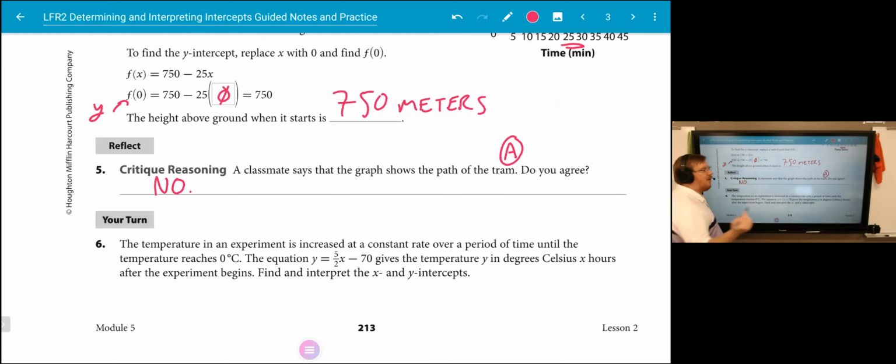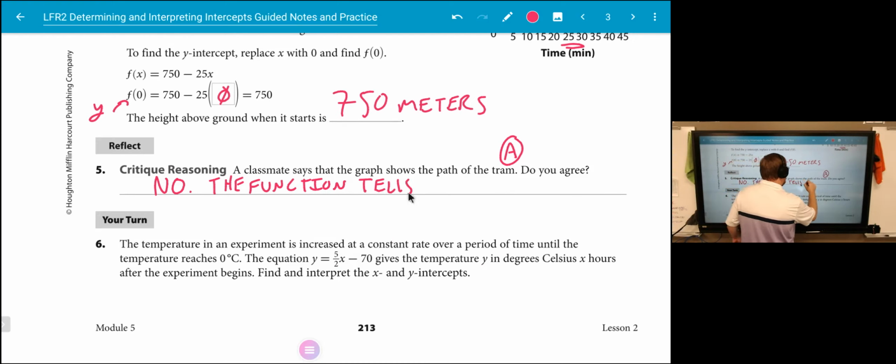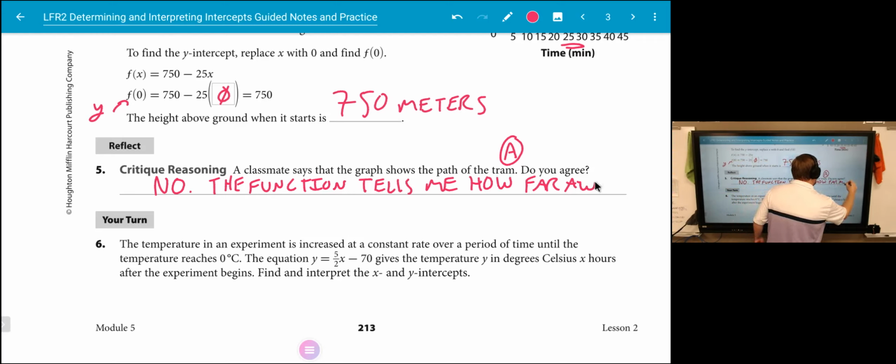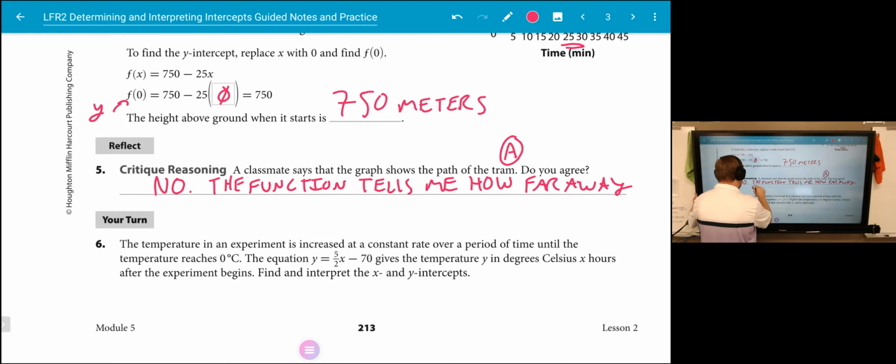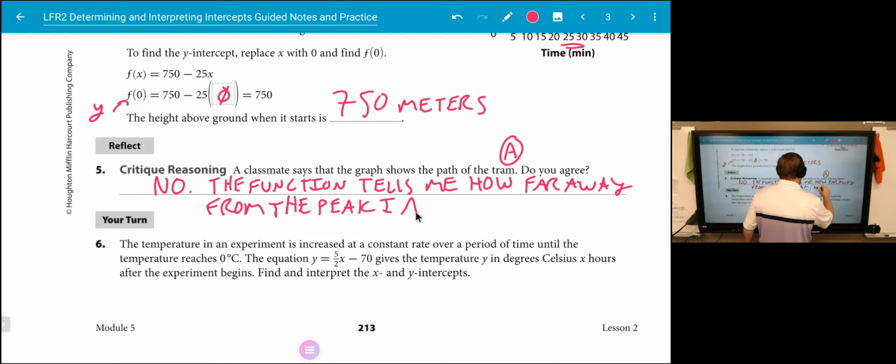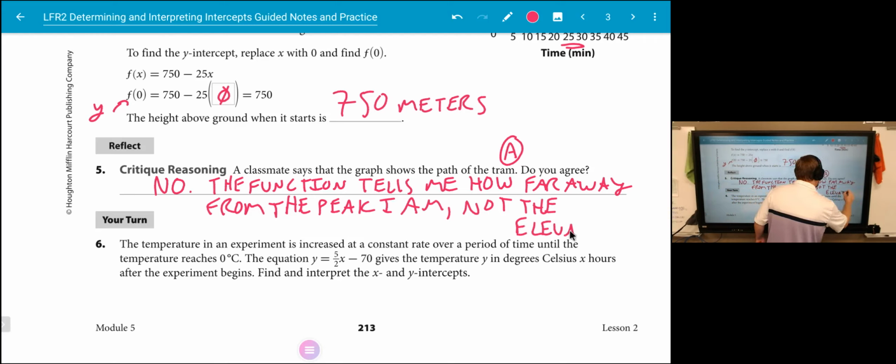Because the function tells me how far away I am from the peak, not the elevation.